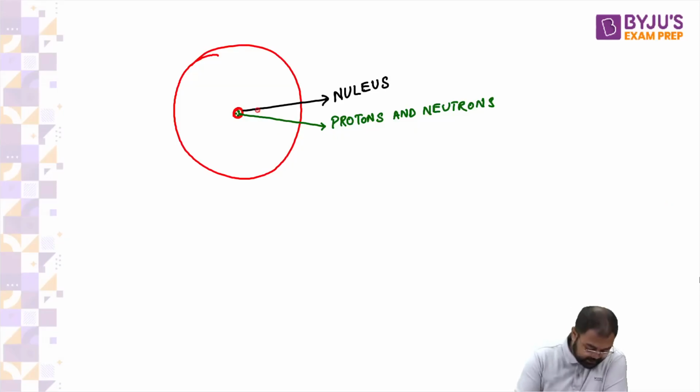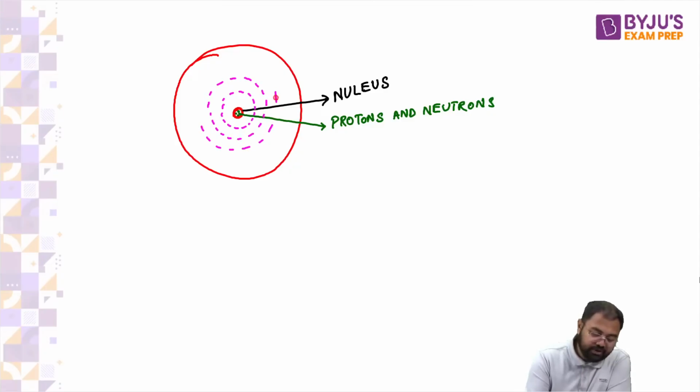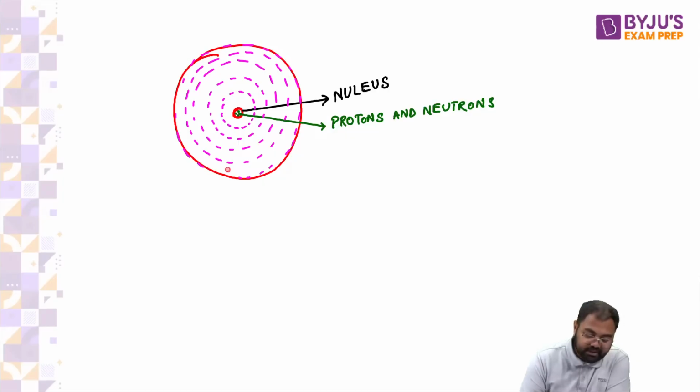Outside this nucleus you have various orbits, and in all these orbits is where we have the electrons. Electrons will be present in all these orbits in a defined number.